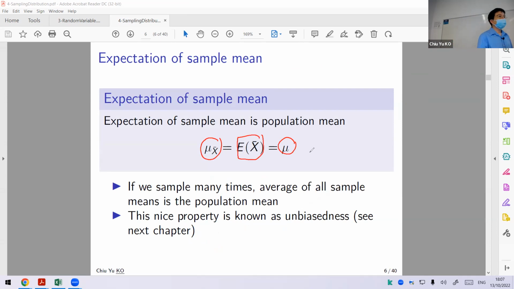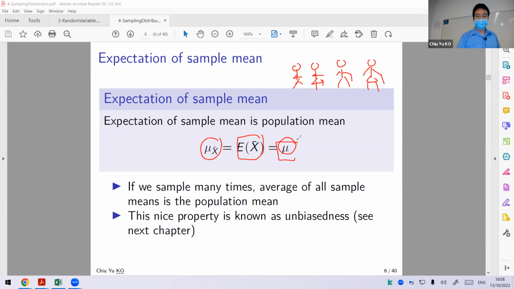It means that if we have a guy, girl, old man, old woman, and you do enough samples, the average of these sample means gives you the actual quantity you care about, the population mean.